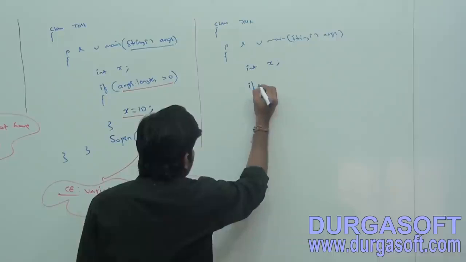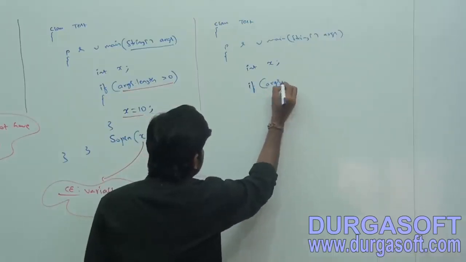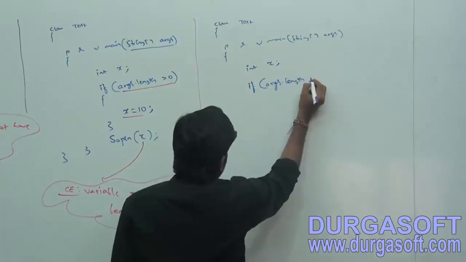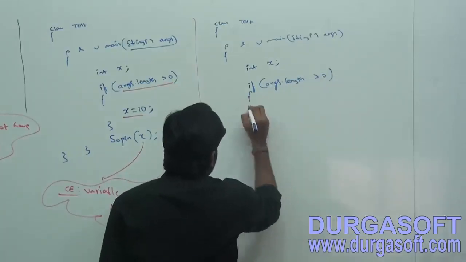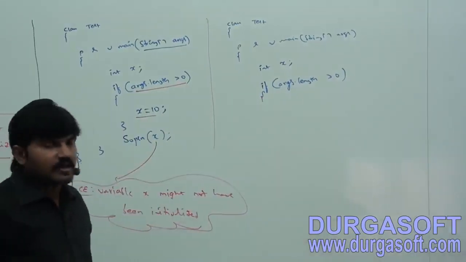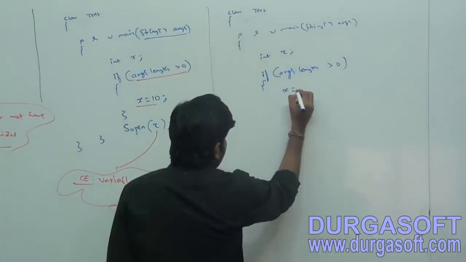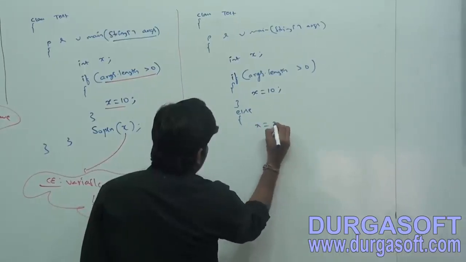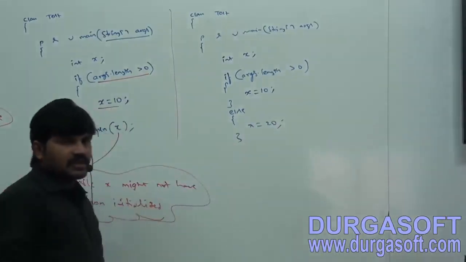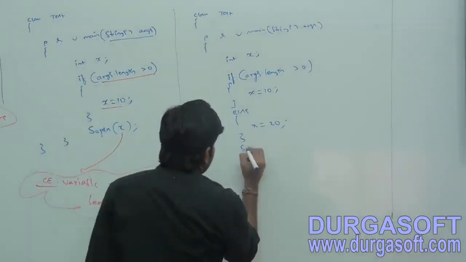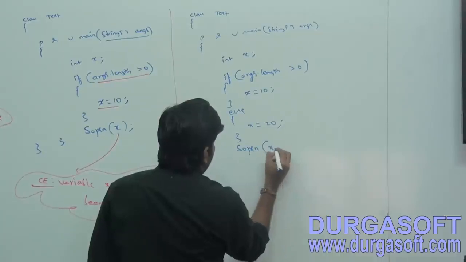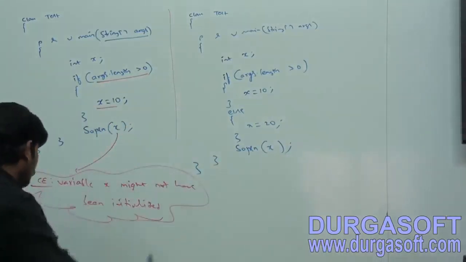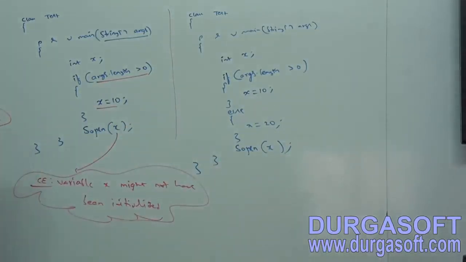If args.length greater than 0, sir, if you are passing any command line argument, what is the x value? 10. Else, what is the x value? 20. Else x value is 20. System.out.println(x). SOP of x, like this I am taking.